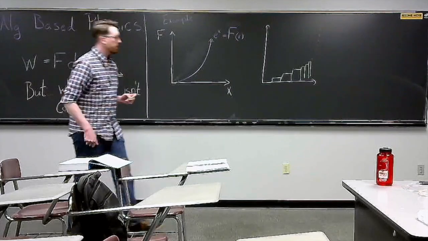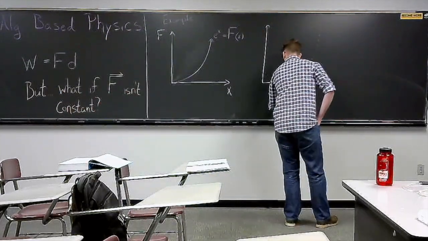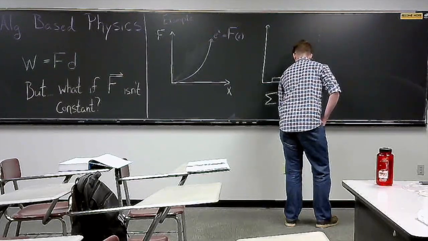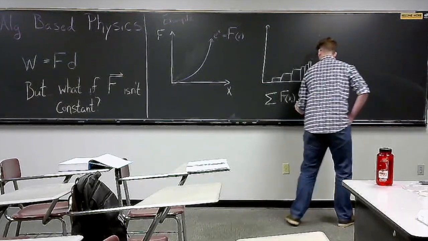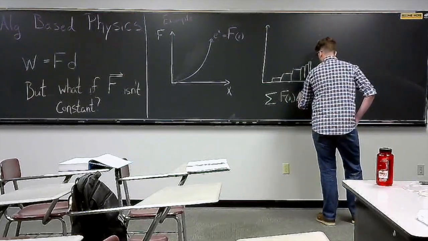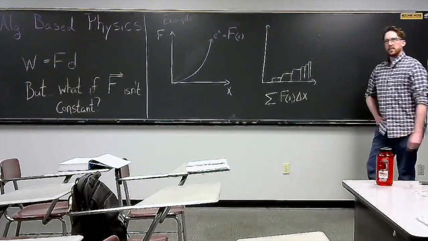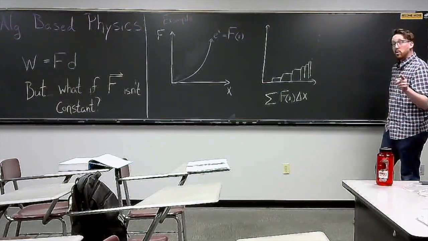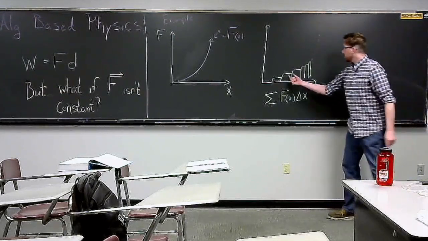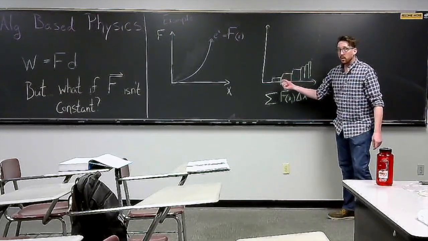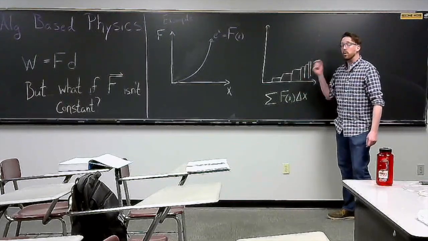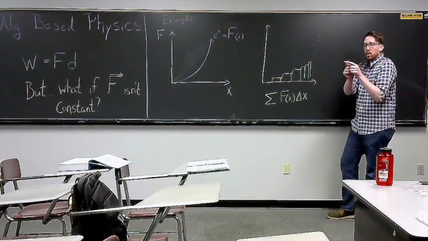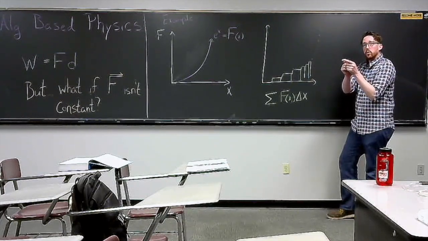In other words, we could do this. And we could go one step further and let these rectangles get as small as we want. We could get an arbitrarily close approximation by making those approximations for arbitrarily small chunks.